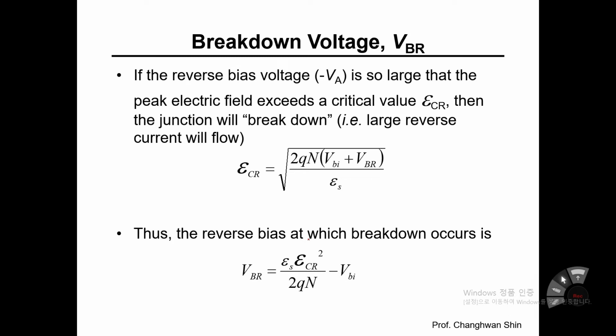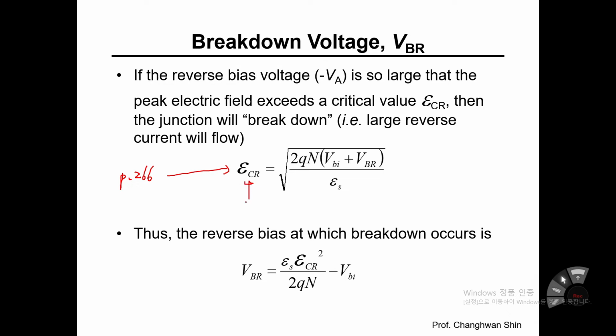What would happen? Yeah, the PN junction diode should be broken down. Okay, so this critical electric field can be derived, but I won't explain all the details. In your textbook, page 266, there is a full derivation for this equation. So please take your time to see how to derive the critical electric field.